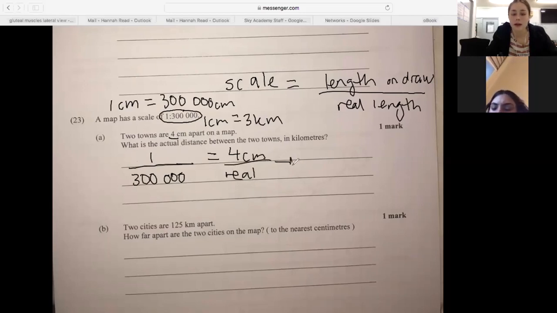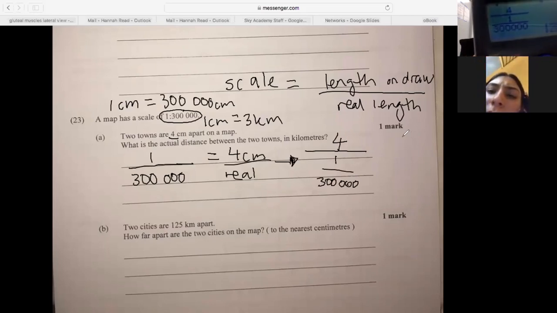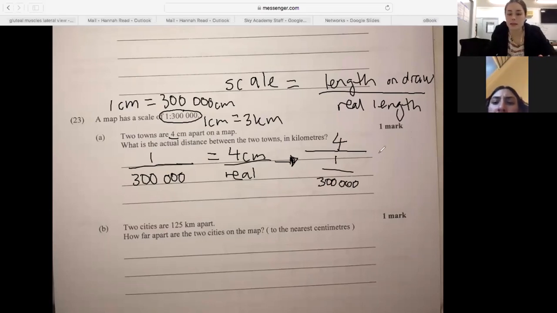And so then I could do 4 over 1 over 300,000. If I put that into my calculator, it looks like that. And it would give me a big number.